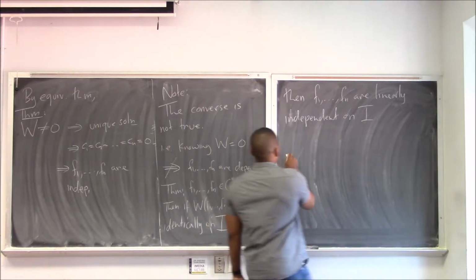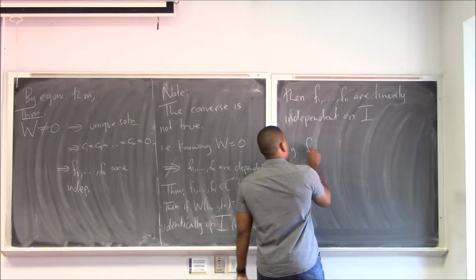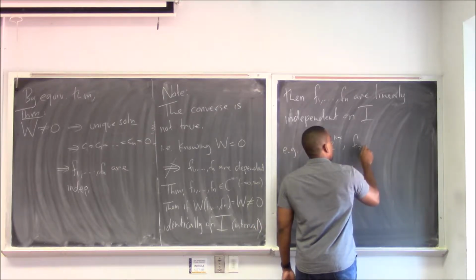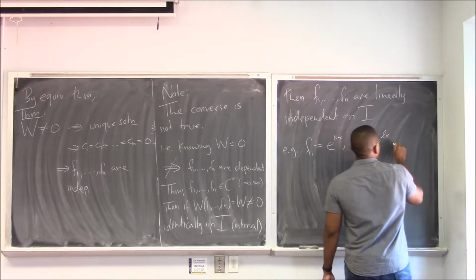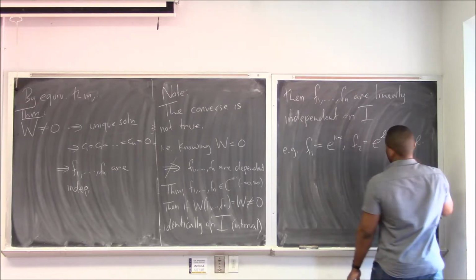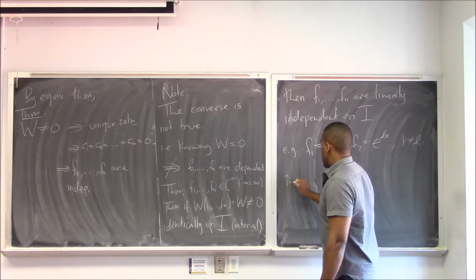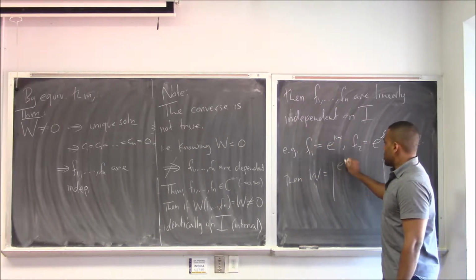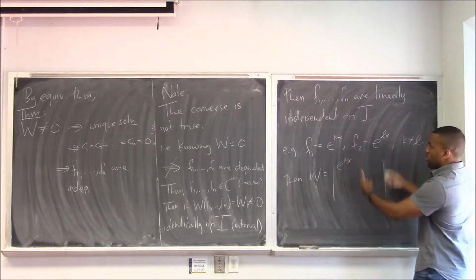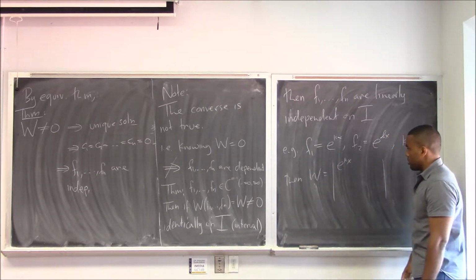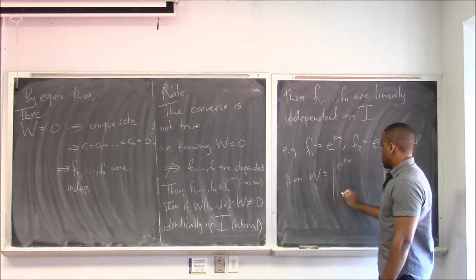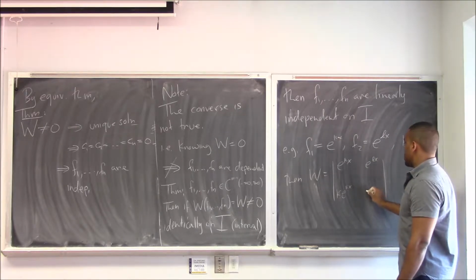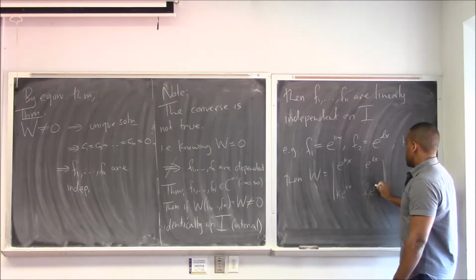So here's an example. If we go back to that original thing that we had, f1 was e to the kx, f2 was e to the lx. Let's just assume that k is not equal to l. Then the Wronskian would be the determinant of these. I have two functions, so I differentiate n minus 1 times, so once. This would be k e to the kx, and l e to the lx.